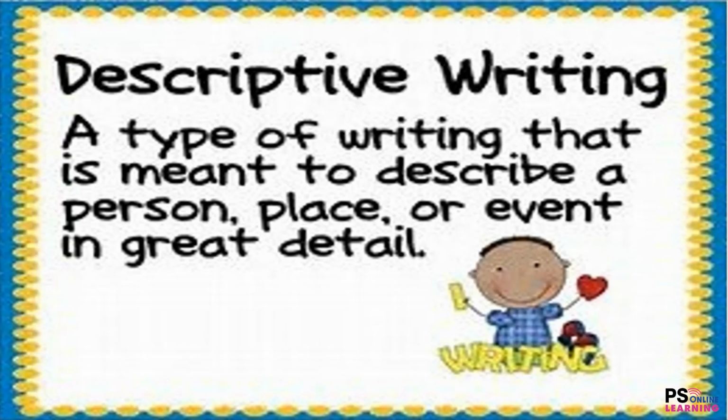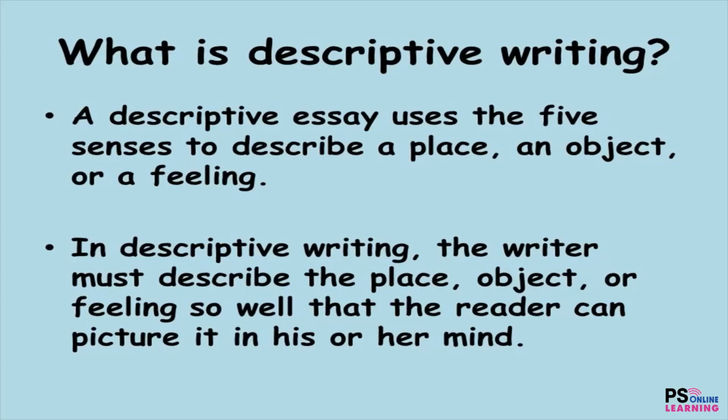But if you still don't understand it, here you go. Descriptive writing. What is it? Well, a descriptive essay uses 5 senses to describe a place, an object, or a feeling. In descriptive writing, the writer, which would be you, must describe the place, the object, or feeling so well that the reader, which will be me, can picture it in his or her mind.